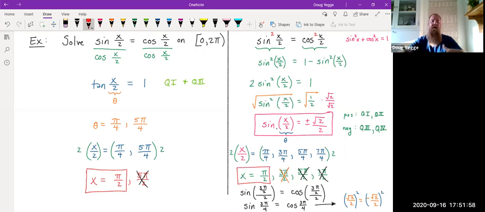So you do sometimes have options in terms of how you actually solve these equations, but in general, the main point here is get one single trigonometric function, solve it for theta, but then recognize that if theta is anything other than just x, we have to do a little bit more work in order to solve.